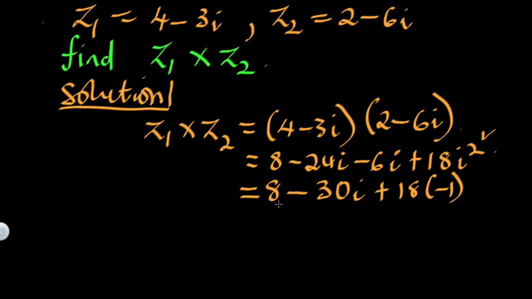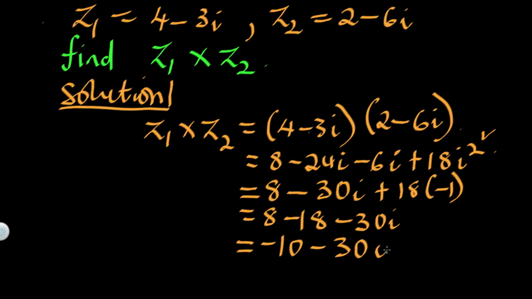So let us add the real parts together. This is 8 minus 18, minus 30i, which gives us 8 minus 18. This is minus 10 minus 30i. This is our final answer.